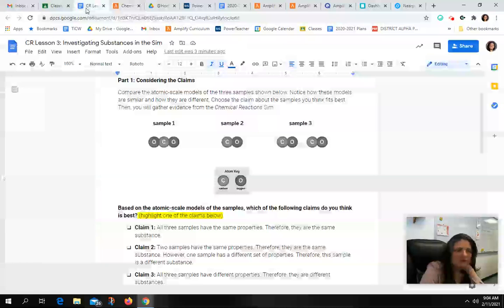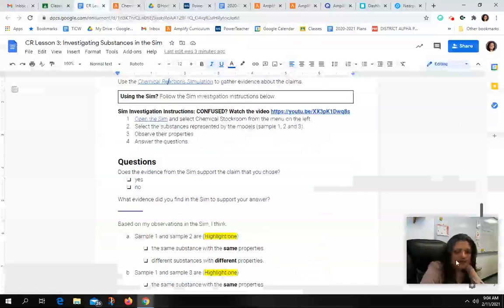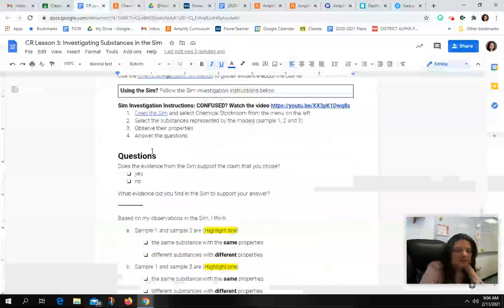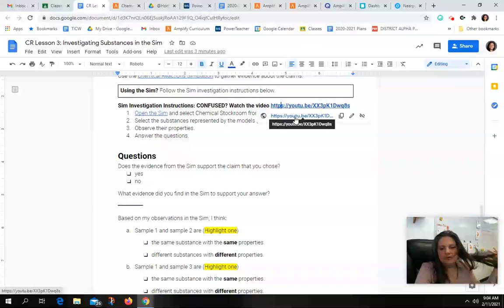So you want to go ahead and look for sample 2 and look for sample 3. Once you have all 3 of them up, or whatever you can find, you're going to observe their properties and answer the questions. If you're having trouble, please feel free to use this link here to watch the YouTube video of a teacher showing you how to use the sim.